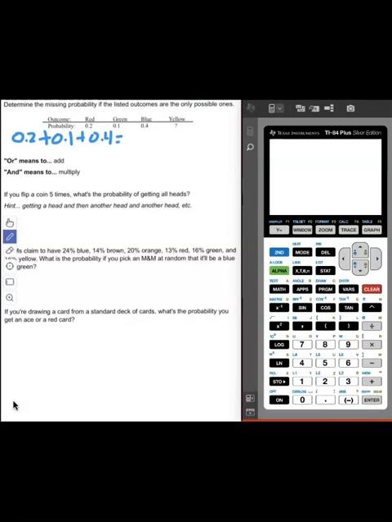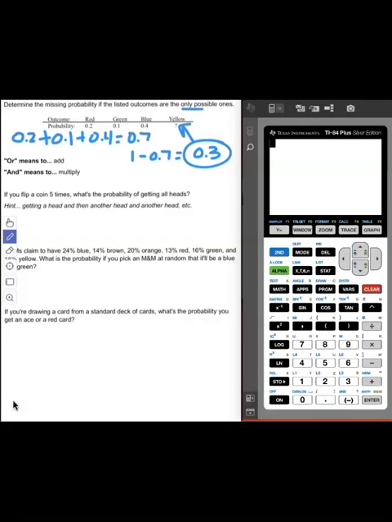Well, that adds up to 0.7. We know that yellow is the only other possibility. So to figure out the probability of yellow, we're just going to do 1 minus 0.7, and we get 0.3. That has to be our answer for yellow because we know if these are the only possible outcomes, they have to add up to 100%.